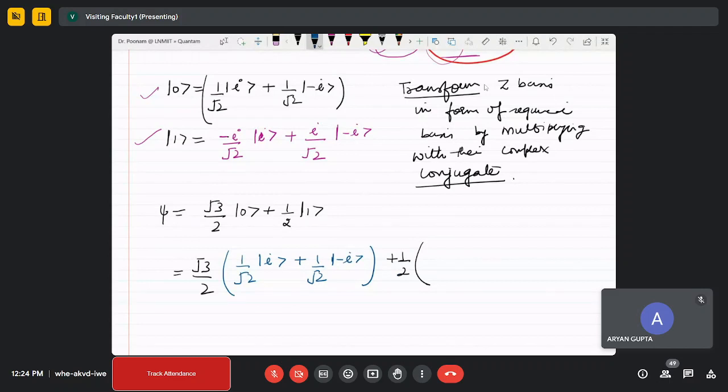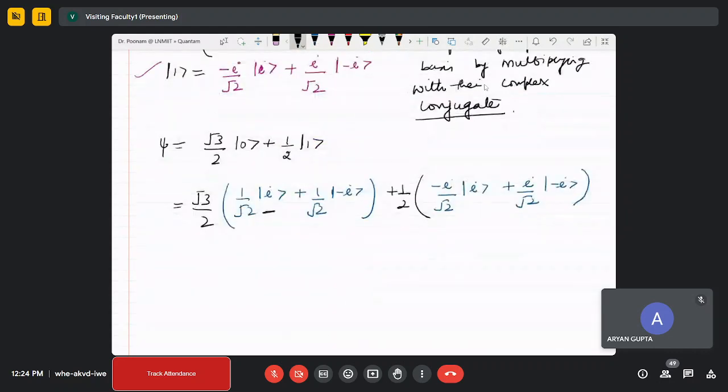Now next is plus 1 upon 2, so it is minus iota root 2. Okay, now think about these iota terms.